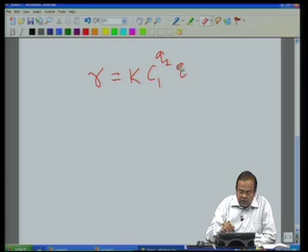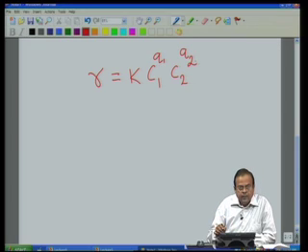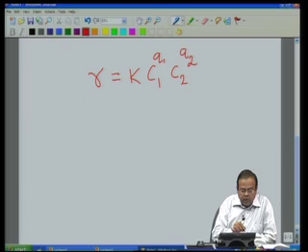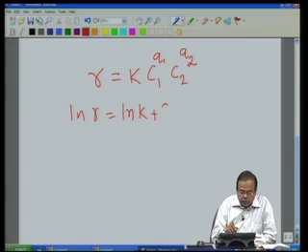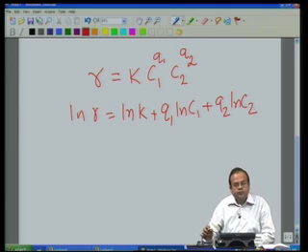So, if I say that my rate is k C1 raised to Q1, C2 raised to Q2, I can write this by taking the natural log of both sides as ln r equal to ln k plus Q1 ln C1 plus Q2 ln C2.